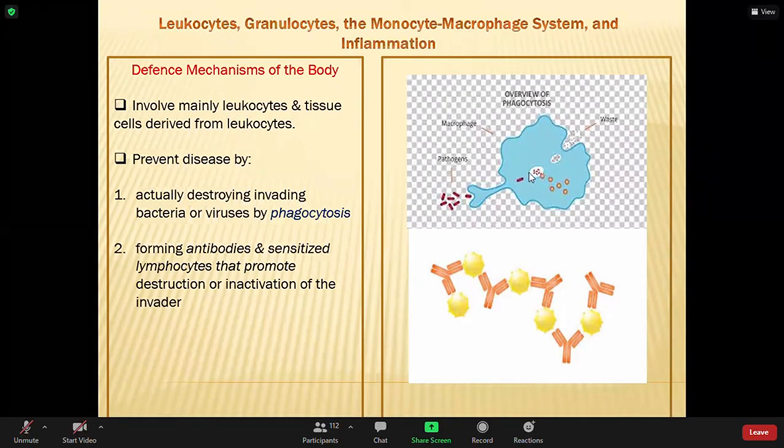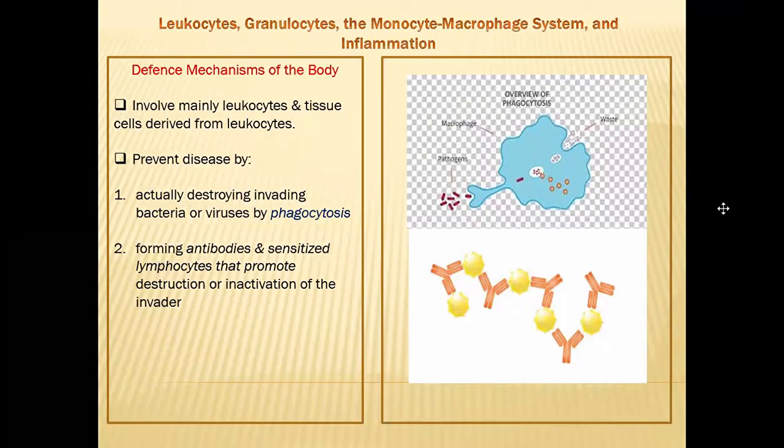So, defense mechanism of our body against infection. So, later on, we will learn that there are two types of defense: the natural or the innate defense system, and then the specific system, that's the immune system. So the defense system of the body involves mainly the WBC and tissue cells derived from the WBC or leukocytes.